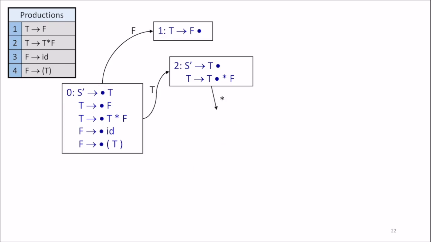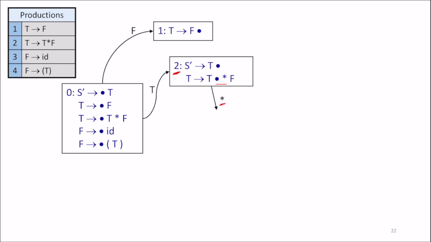Let's start with a successor on state 2. We haven't quite finished with state 0; we'll come back to it later, but let's do a successor function on state 2. This transition is on the multiplication operator, so the dot is before the multiplication operator here.